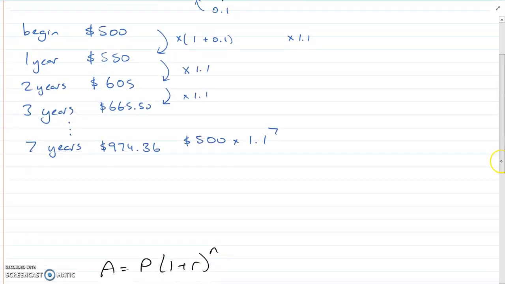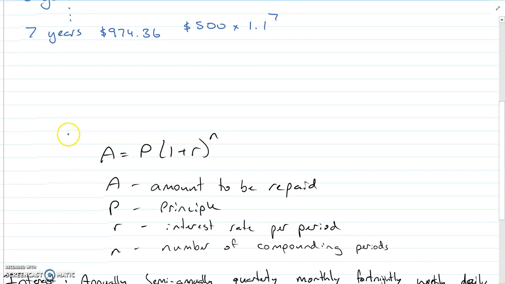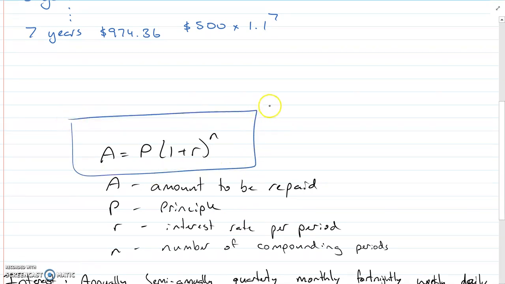So we have a formula for that, the compound interest formula. A equals P times bracket 1 plus R, to the N. R is the interest rate per period as a decimal.